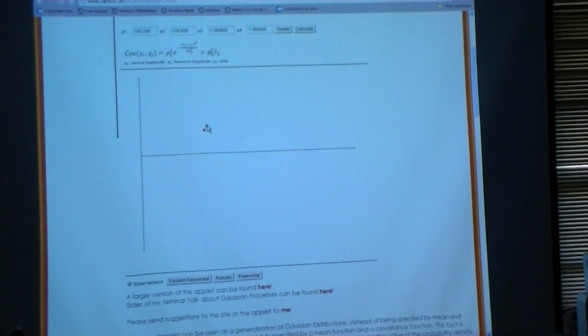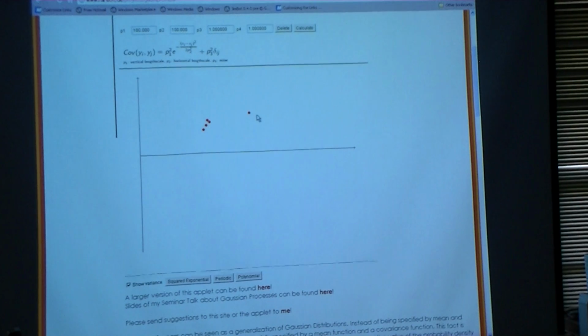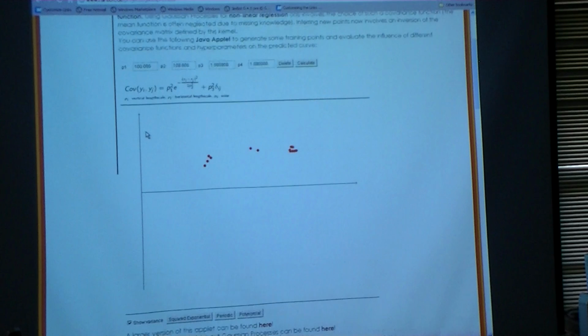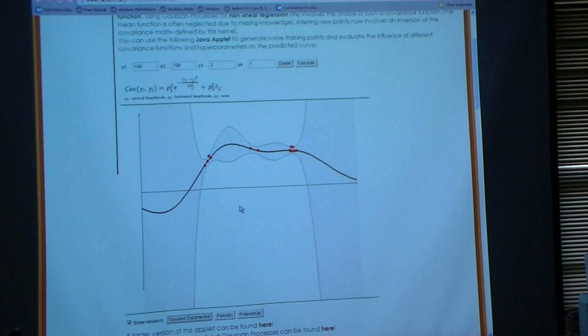This is more like training data. Then you can choose your kernel. This is the result of fitting the data.